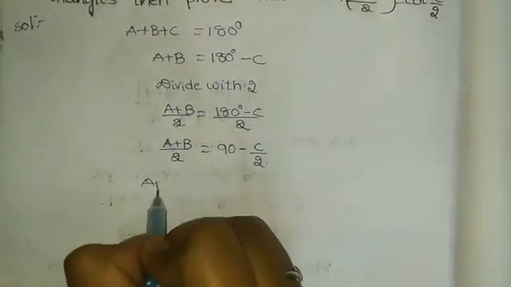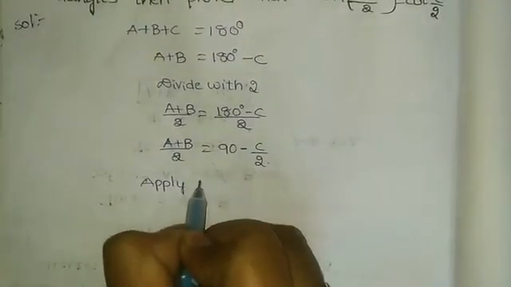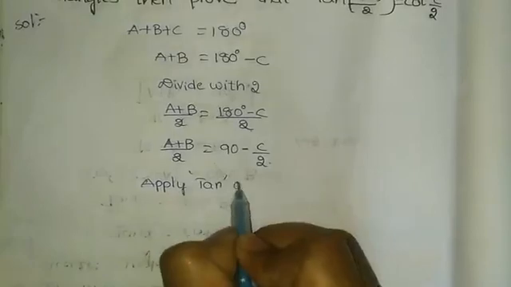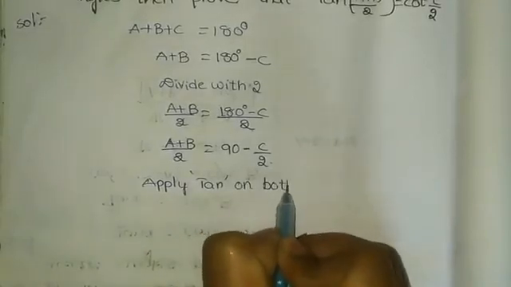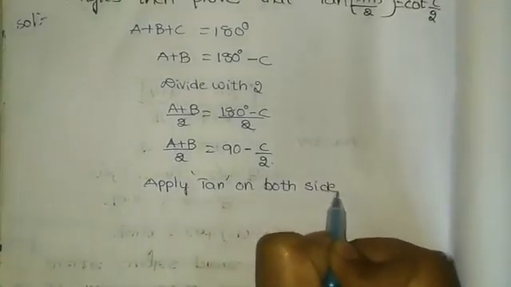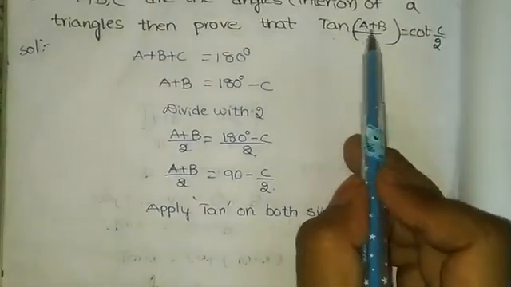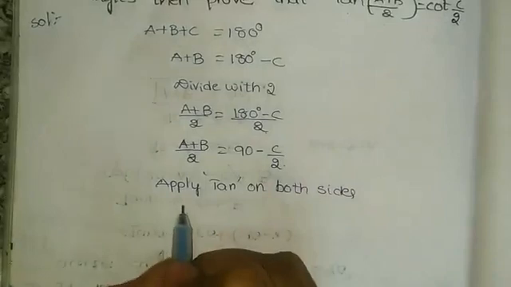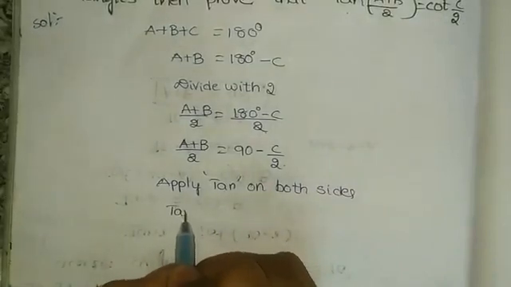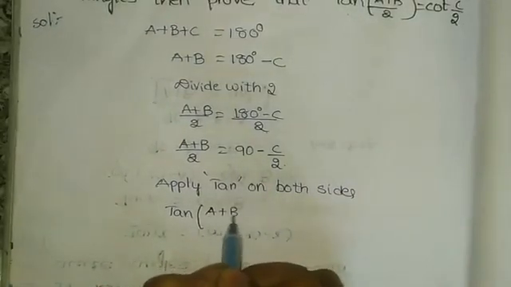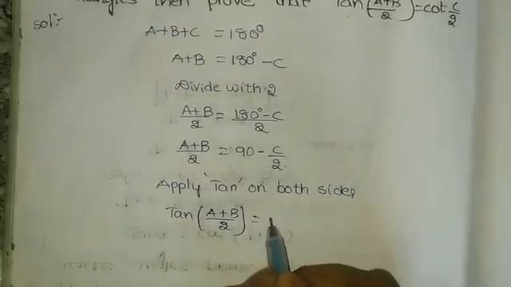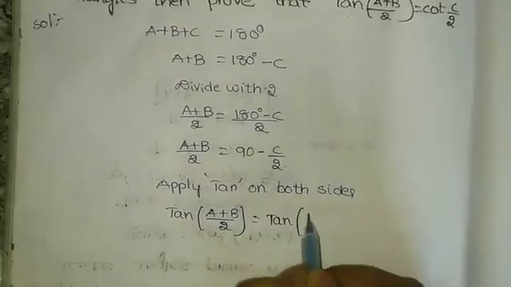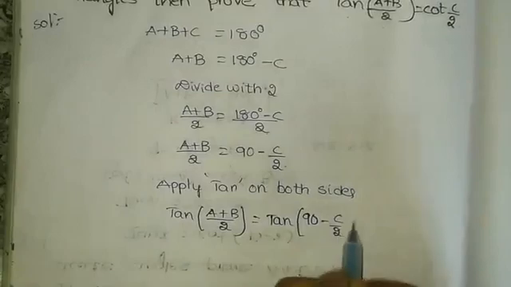Now I am applying tan on both sides, because we have to prove tan of (A plus B) by 2 is equal to cot of C by 2. For this I am applying tan. So tan of (A plus B) by 2 is equal to tan of 90 minus C by 2.